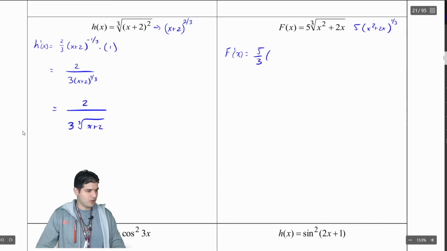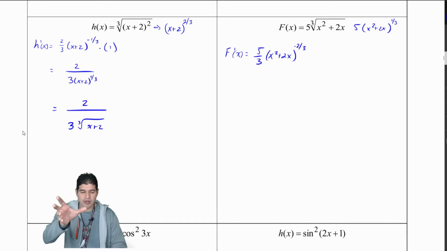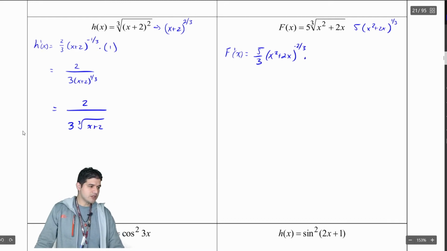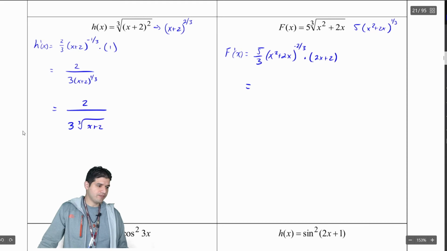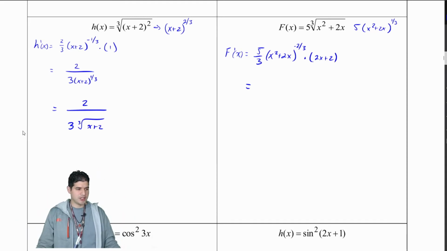All right, and now I'm going to hold on to x squared plus 2x and subtract 1 from 1/3, so I get negative 2/3. All right, and then I'm going to multiply by the derivative of the inner part. So x squared plus 2x, that derivative is 2x plus 2. Okay, so now I'm going to move everything around to make it one fraction.